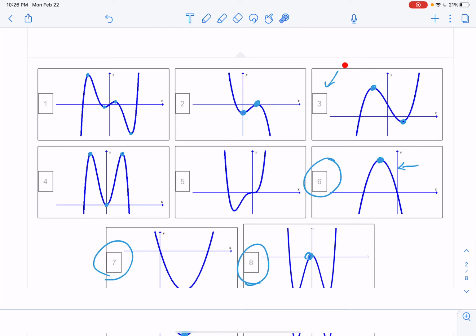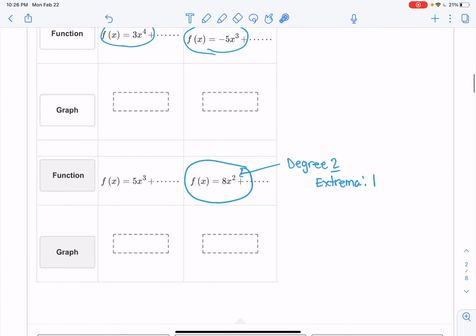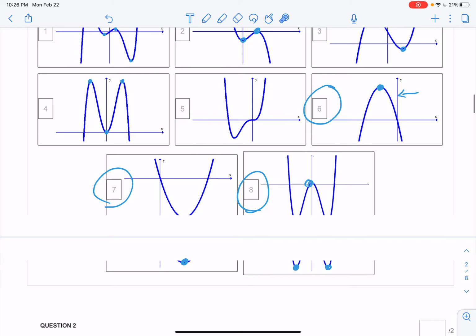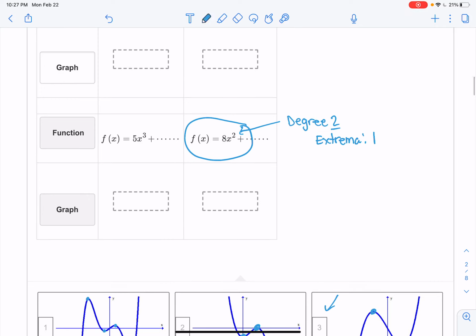what I'm going to do now is go up over here, and I have a degree 2 polynomial here. So now I say, okay, if I have a degree 2, that means I have one extreme point, which left us with number 6 or number 7. So now we just look at the leading coefficient. This leading coefficient is positive. And when we have a positive leading coefficient, that means our end behavior is going to face up on the right hand side.